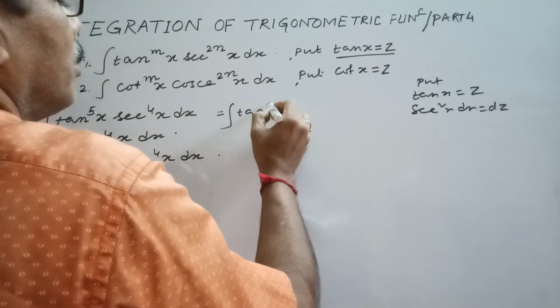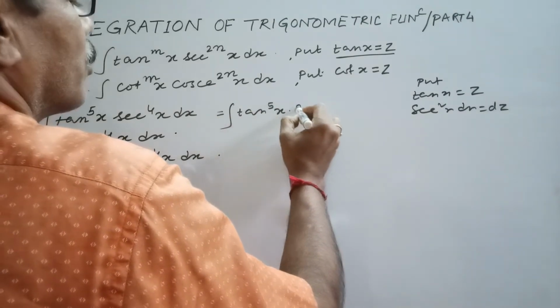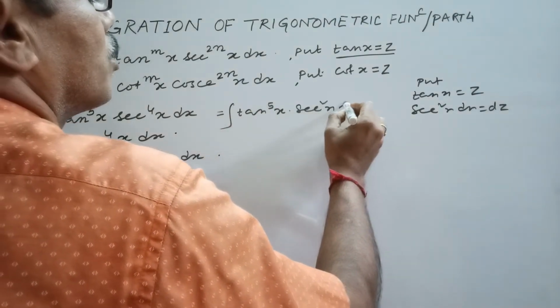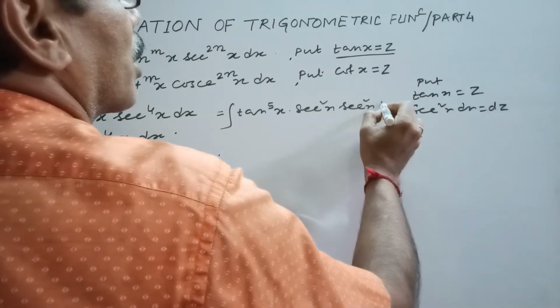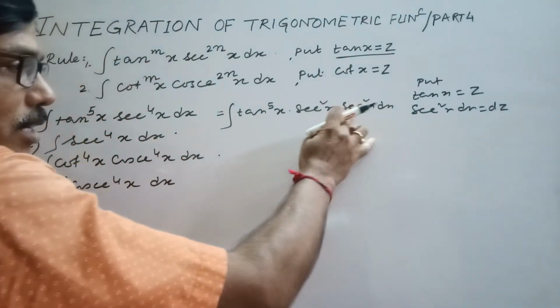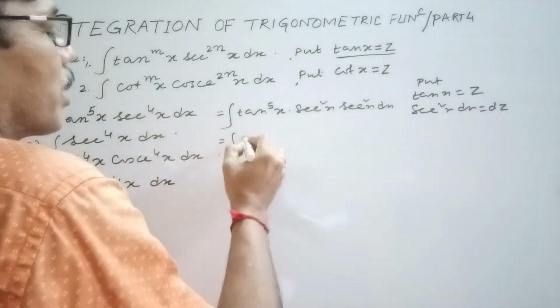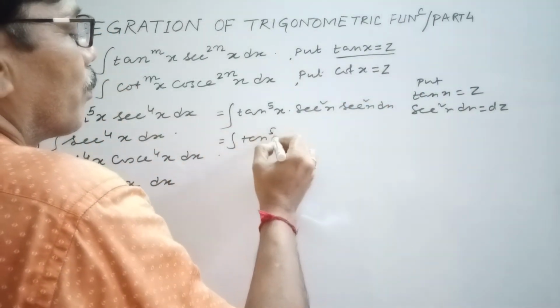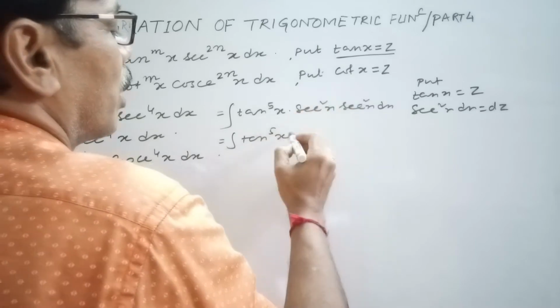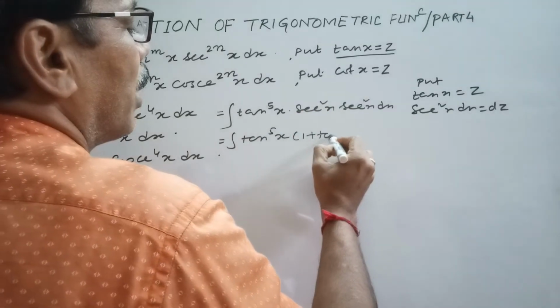So we can write the problem as sec square x into sec square x dx. For this sec square x, we put dz. So you express the other sec square x in terms of tan.